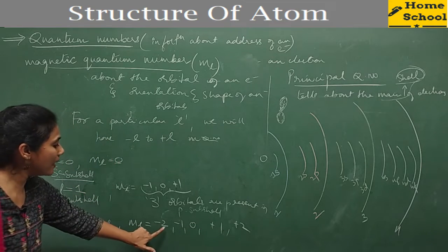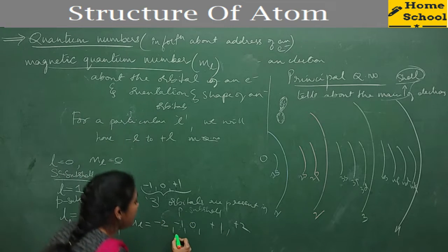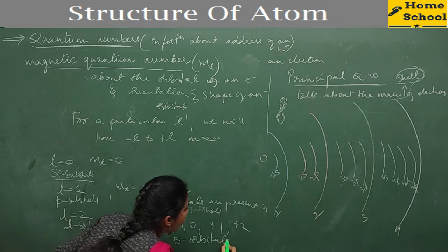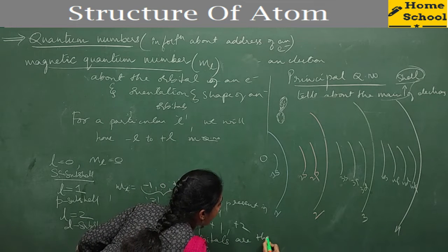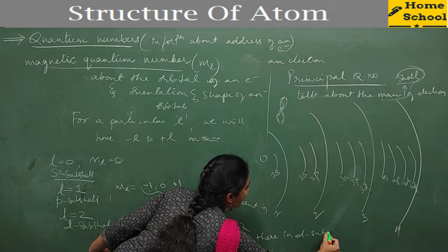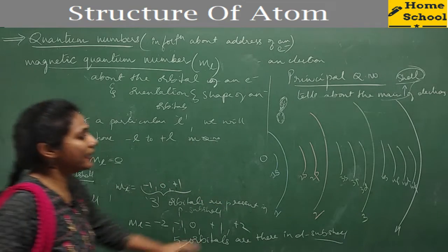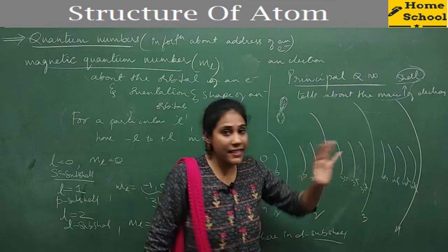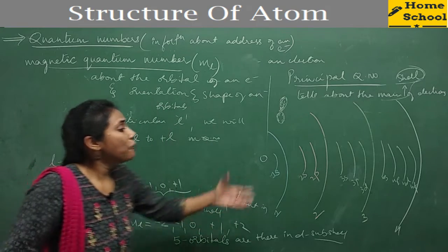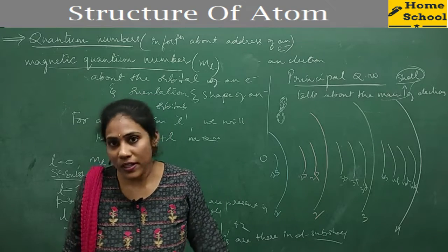So how many values are coming? 1, 2, 3, 4, 5, right? So that means 5 orbitals are there in the D subshell. This particular district, the D subshell, is the biggest district, where you will have 5 towns. In each town, electrons are going to stay.